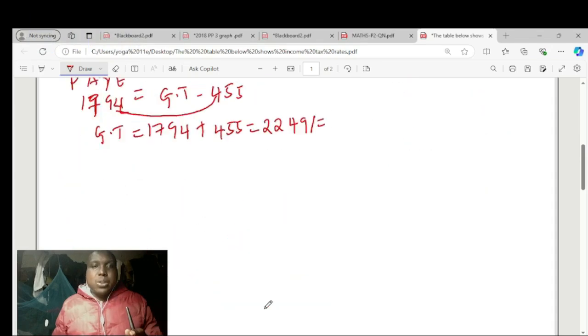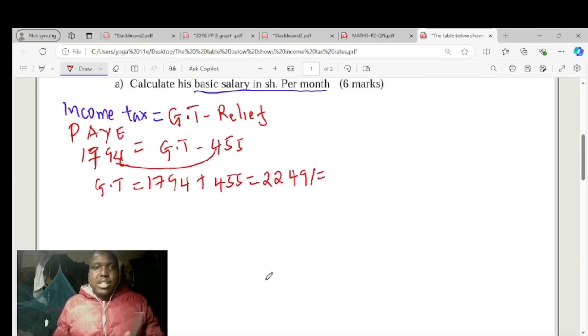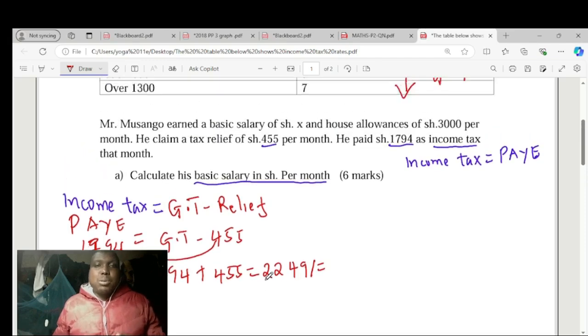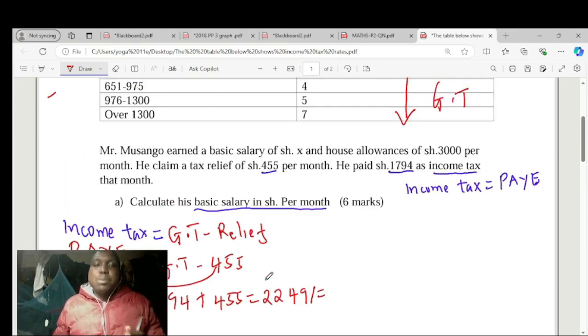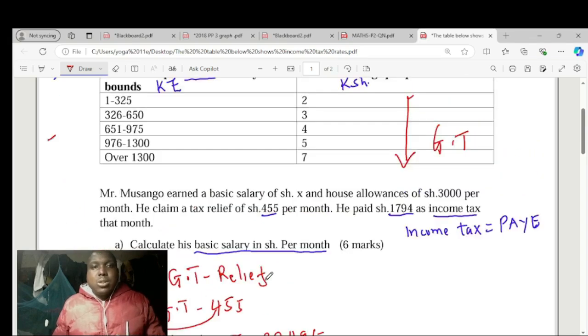Now we have found what we call the gross tax. Now we go back to the table and do the taxation. Our aim now is to find the taxable income, which is what we don't have. So let's go back to our table. The first band is 325.